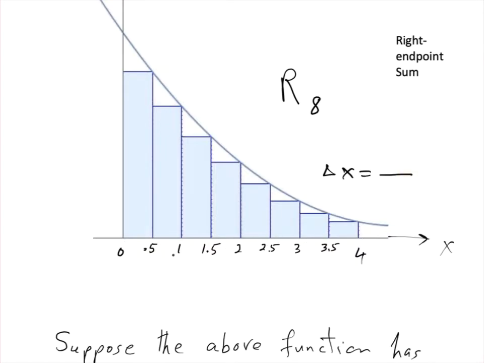So I'm going to make a formula here. Let's call the left endpoint A, the right endpoint B. So this is in general. The length of the interval would be B minus A, but then you divide it by n. N is the number of rectangles.